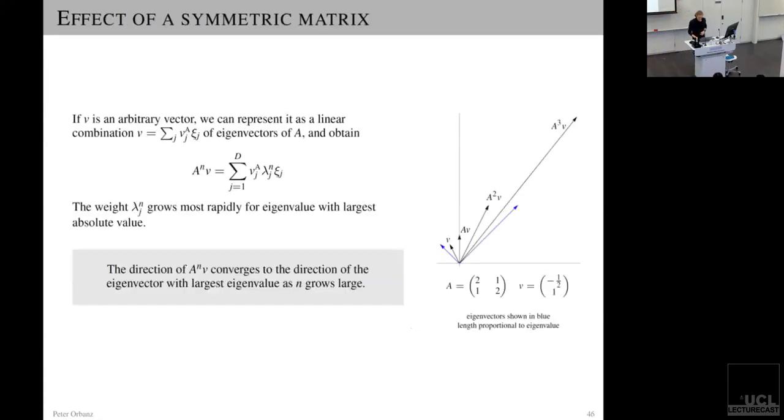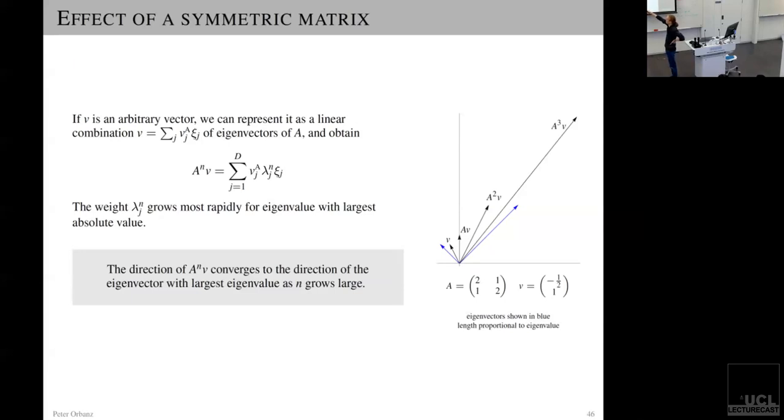So what happens if it's not an eigenvector? We're going to do our expansion here. We take v and expand it in this basis of eigenvectors. These are its coefficients. Now if we apply A to the power of n, so if we apply A n times, then we can reapply the formula we've seen before.